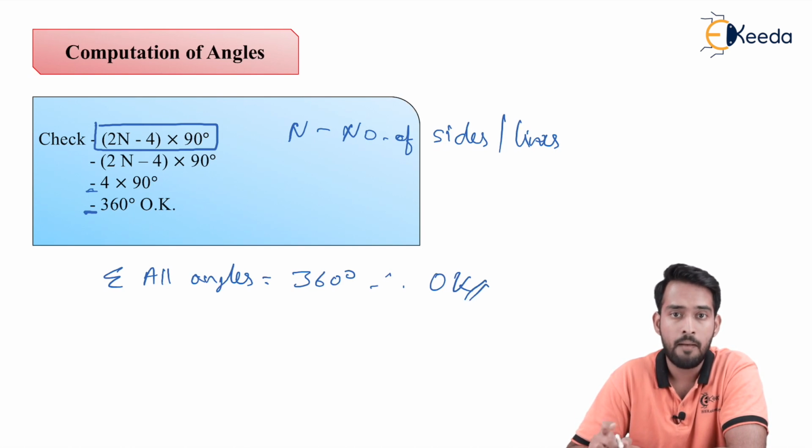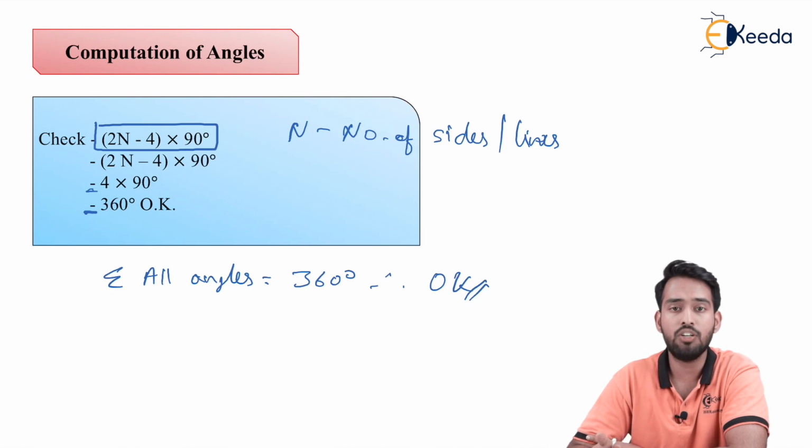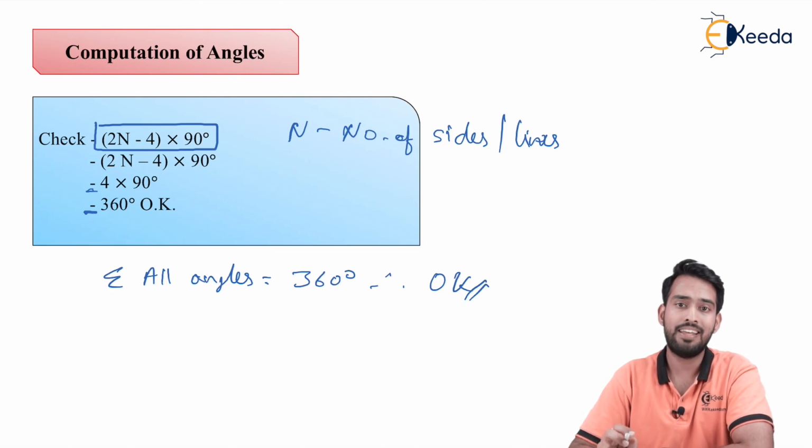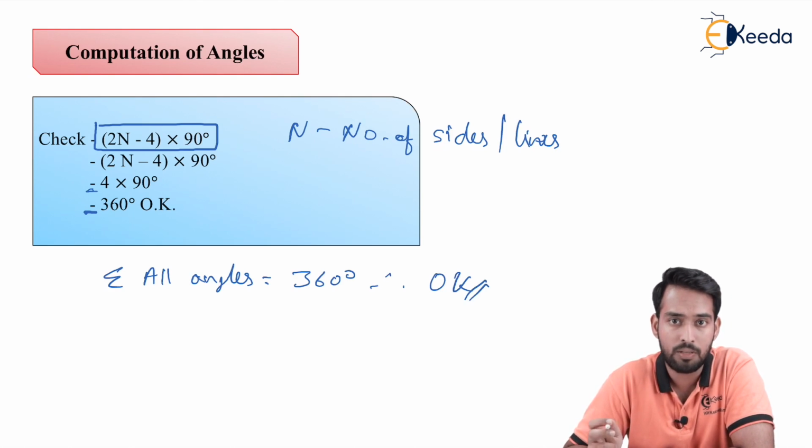So again, first of all we have to calculate forebearings from backbearings or backbearings from forebearings. By using forebearing and backbearing, we have to draw the traverse. After drawing the traverse, we have to apply the simple formula. If backbearing is greater than forebearing, we subtract forebearing from backbearing.